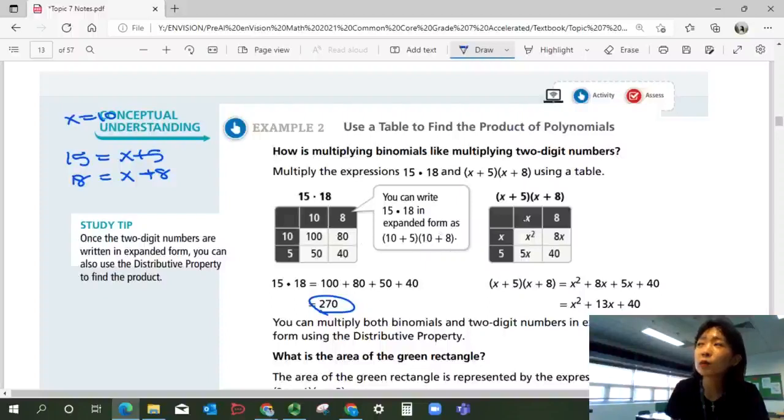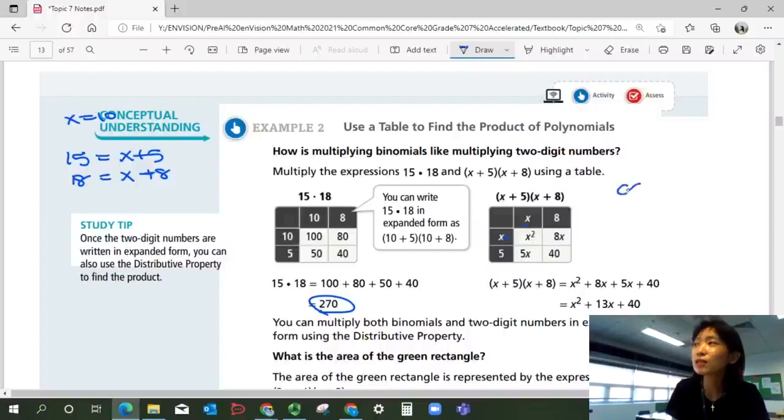In that way, when you multiply your binomials, you can also demonstrate it using the same table. Okay, x plus 8 times x plus 5, you can multiply the x terms together, multiply x and 8, multiply x and 5, and multiply 8 and 5.